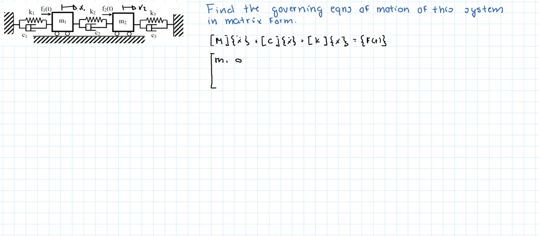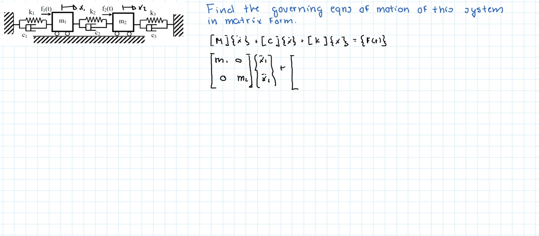So let me write it out, acceleration 1 and acceleration 2. In the first equation, the second mass isn't involved, so we only have mass 1 times acceleration 1. And for the second equation, we have 0 times mass 1 and 1 times mass 2 times acceleration 2. So we already have this part.